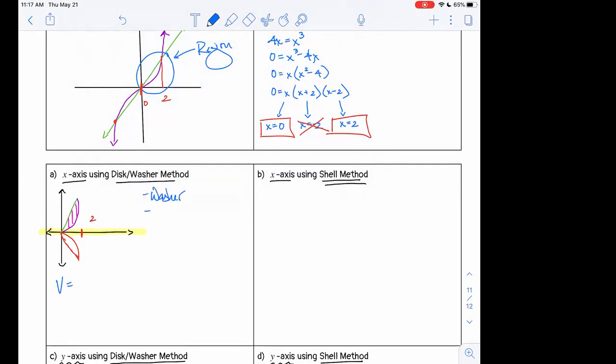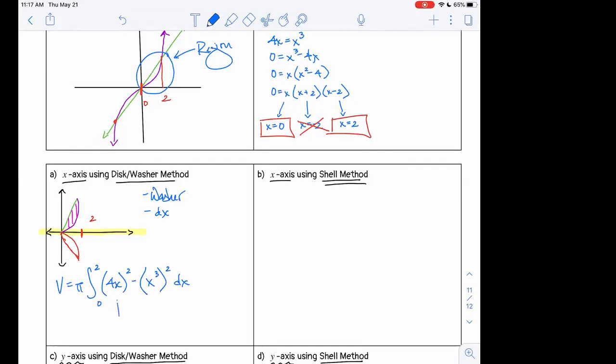And because these pink lines are stacking along the x-axis, I want to choose dx. And so I'm going to get pi, the integral from 0 to 2 of (4x)² minus (x³)² dx. Okay?